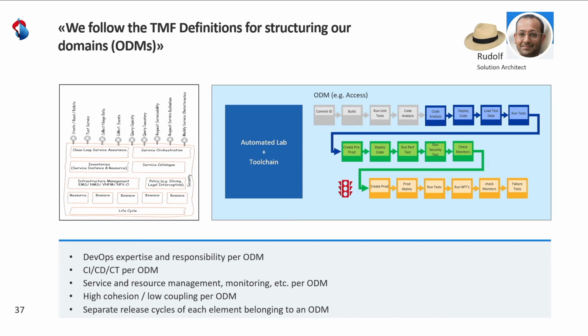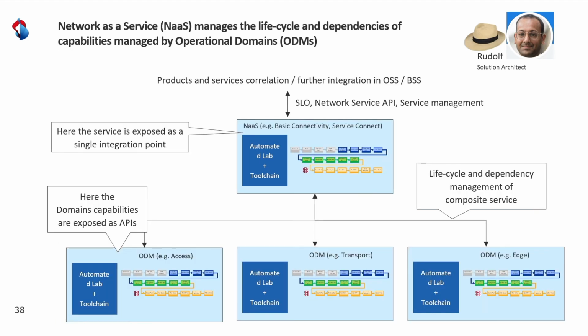And you see in his slide as well the importance of that automated lab and tool chain. This is really something that he also notices is key. Finally, having all these different operational domains in place allows you to implement that network as a service approach.